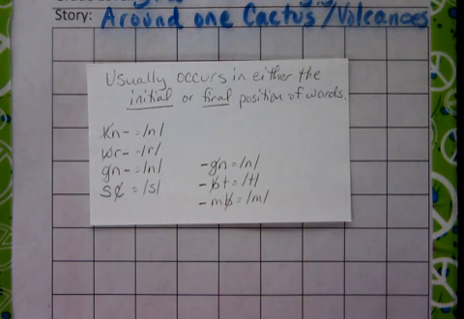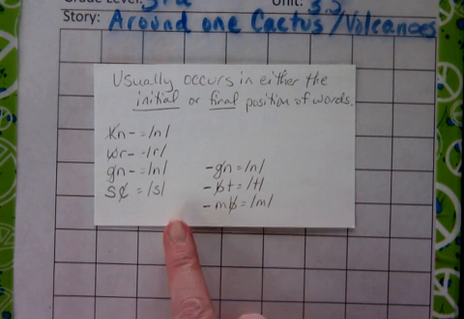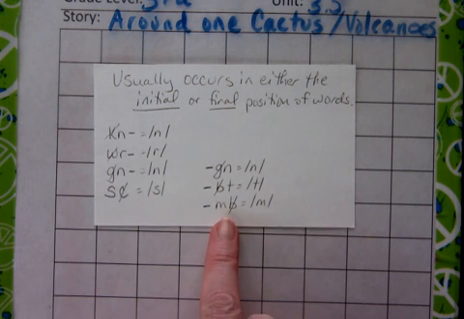Now we need to look at this card. Our silent consonant patterns usually occur either at the initial, that means at the beginning of a word, or in the final position. Final means at the end of the word. So if I have a dash, that means there's something else that came in front of it, and these silent consonant patterns are at the end of the word.